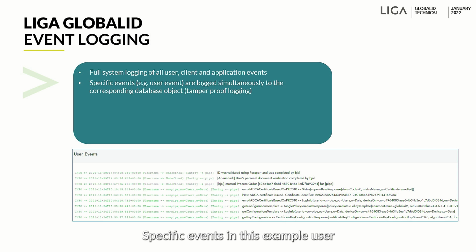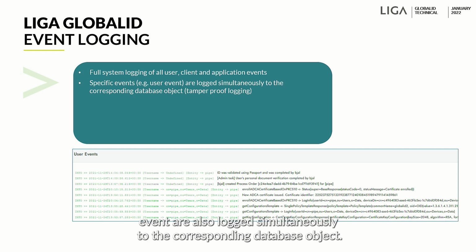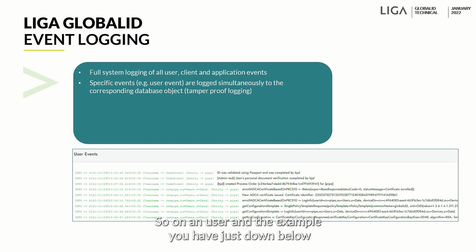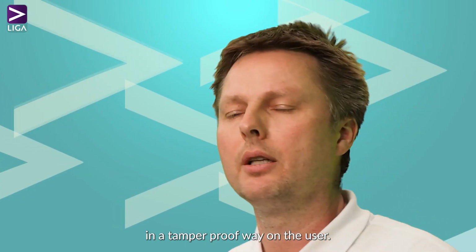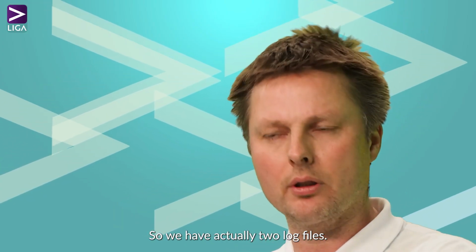Specific events, in this example a user event, are also logged simultaneously to the corresponding database object. So on a user, and the example you have just down below here on the slide is an example from the user log. That information is kept in a tamper-proof way on the user. So we actually have two log files.